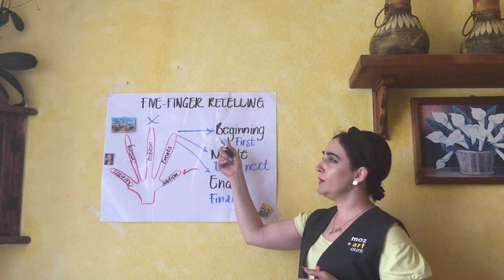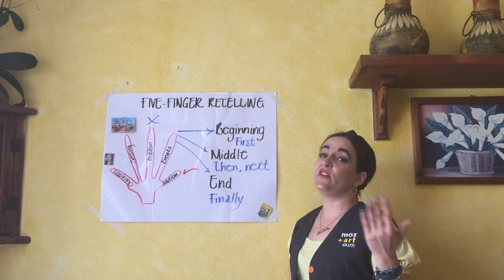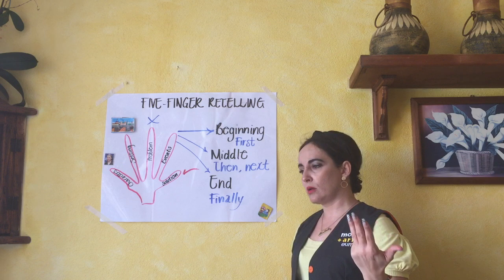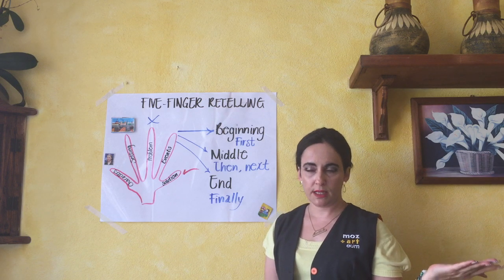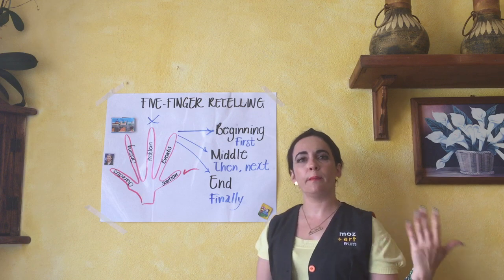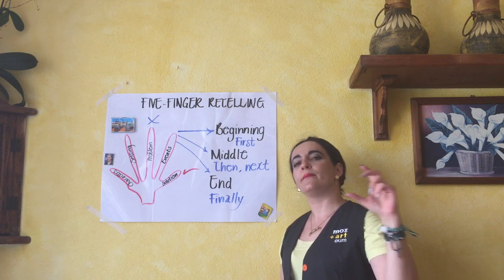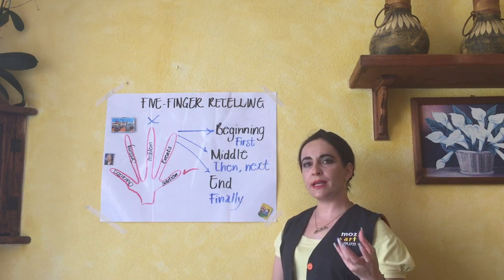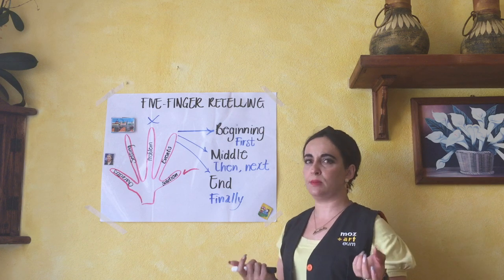Okay? At the beginning, you have to use words like first or at the beginning. A little girl was trying to get to her grandma's place, and she was preparing a basket of food to take to her, and that's like the beginning of the story. Then you talk about the middle. The middle is like the most important part of the whole story, where the main issue takes place.